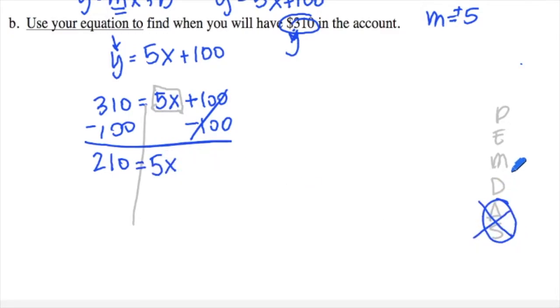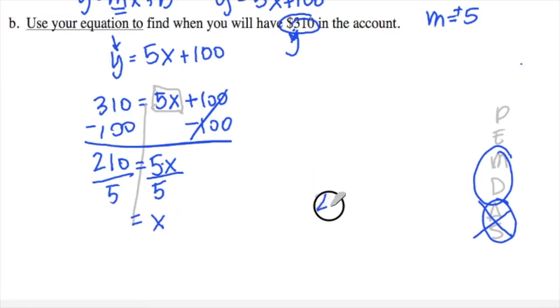We've taken care of our adding, subtracting. Now we need to undo some multiplying and dividing. 5x is the same as 5 times x. So I'm going to get rid of the 5 by dividing by 5 on both sides. And x is equal to 210 divided by 5. 5 does not go into 2. 5 goes into 21 4 times. 5 times 4 is 20.